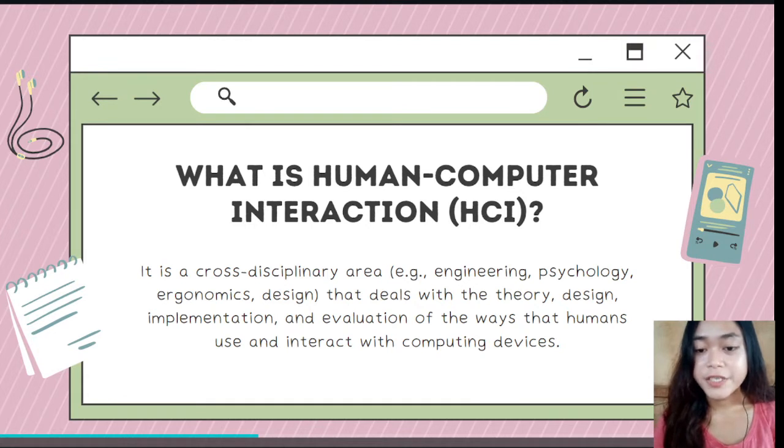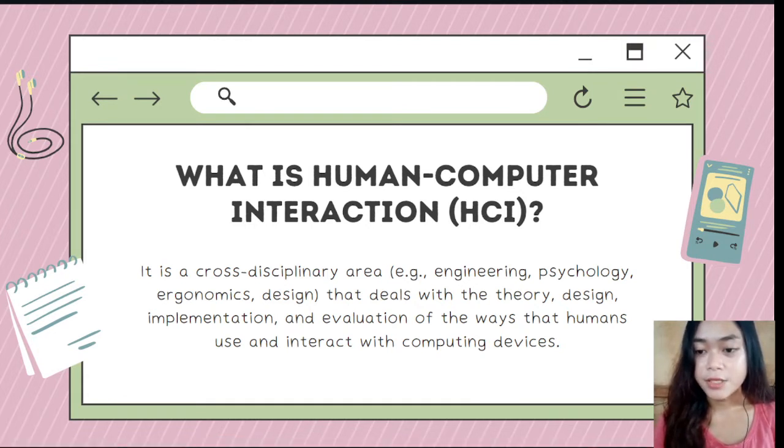So, HCI is a cross-disciplinary area in engineering, psychology, ergonomics, and design that deals with the theory, design, implementation, and evaluation of the ways that humans use and interact with computing devices. So, in short, it is the study of how humans use computer technology.